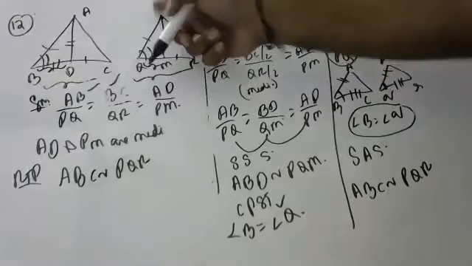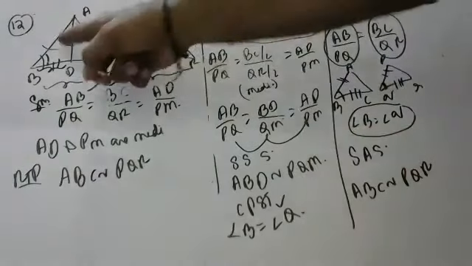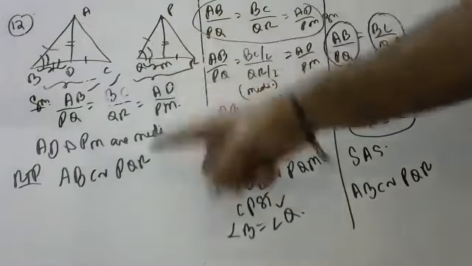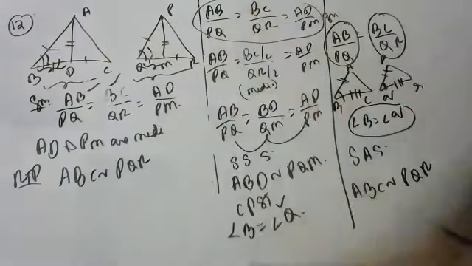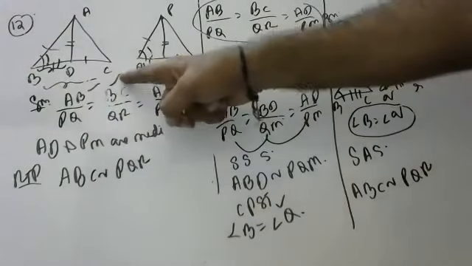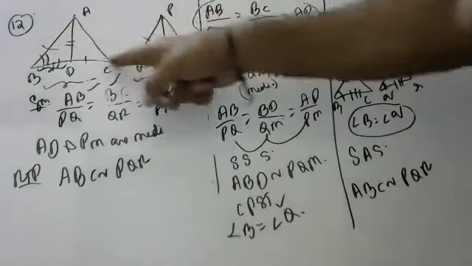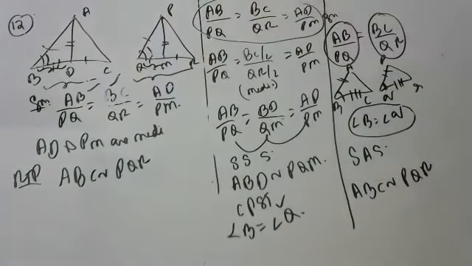This full triangle is similar to this full triangle. First I proved the small triangles are similar, then I wrote B is equal to Q. AB by PQ they gave, BC by QR they gave, B and Q are equal. So by SAS, this full triangle is similar to the full triangle.